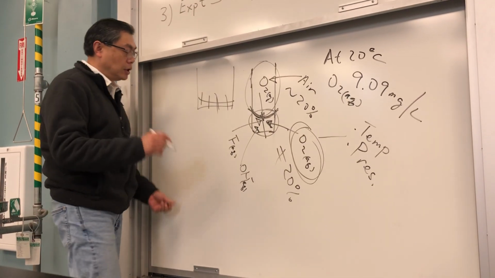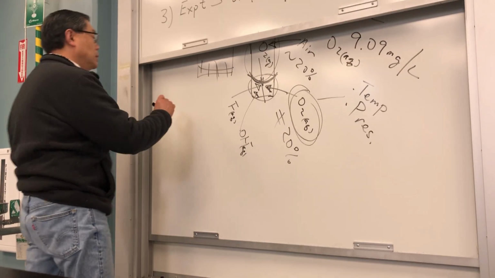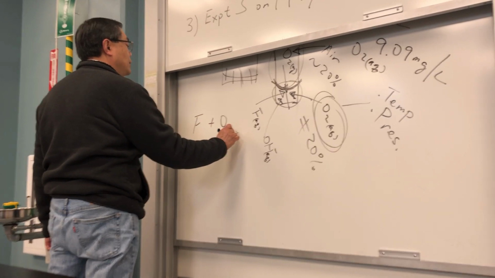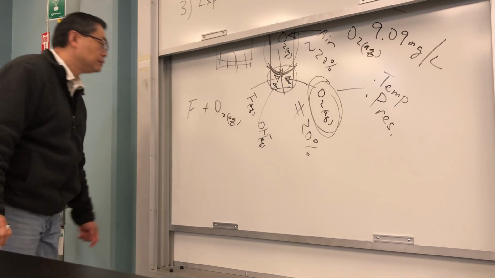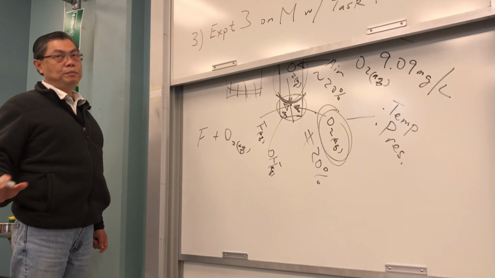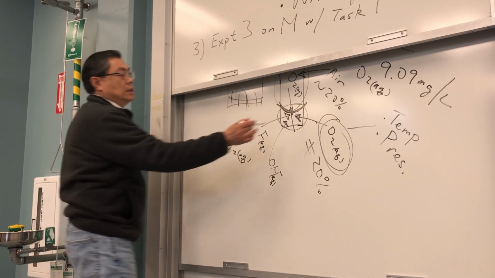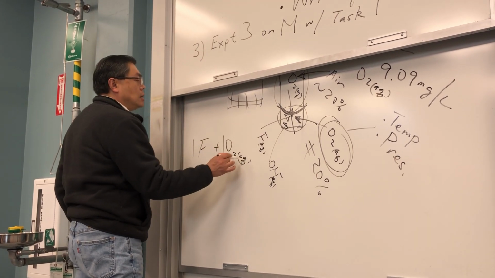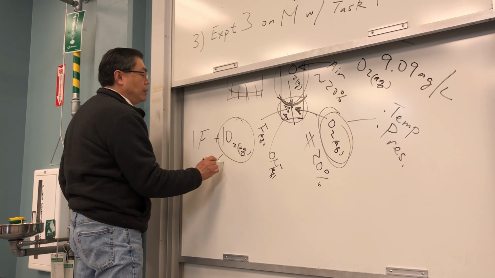Now, the other deal is this. We have fructose. Of course, the reaction is fructose plus oxygen aqueous. But the limiting reagent is the oxygen aqueous. It's 1-to-1, but this is the limiting reagent.